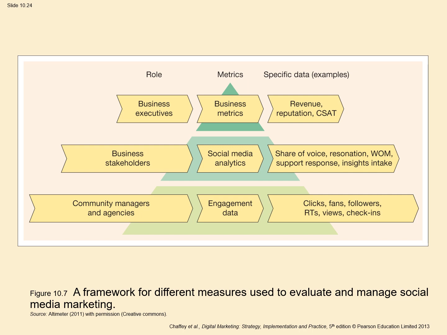Then for business stakeholders, they can analyze social media, from share of voice of the brand, resonation, word of mouth, support response, and insight intake. And for community managers and agencies, they check engagement data, from clicks, fans, followers, and check-ins.